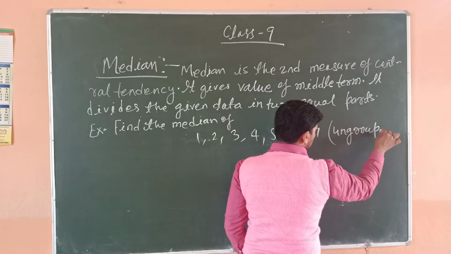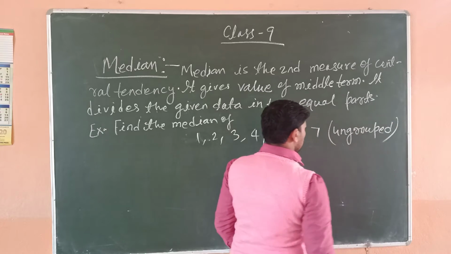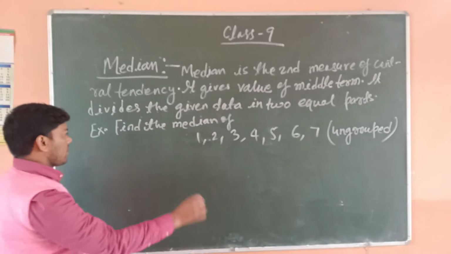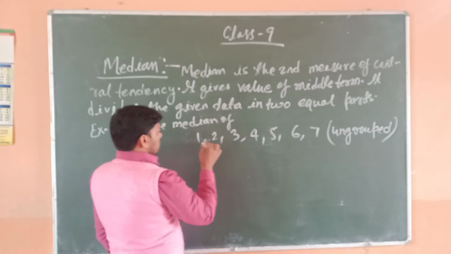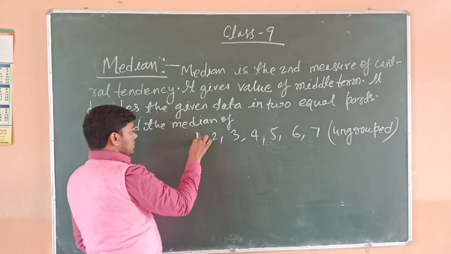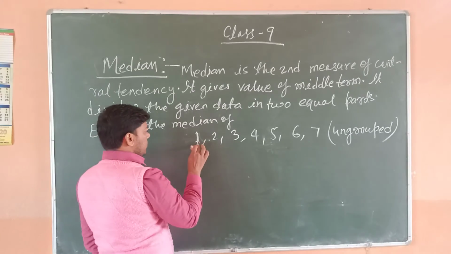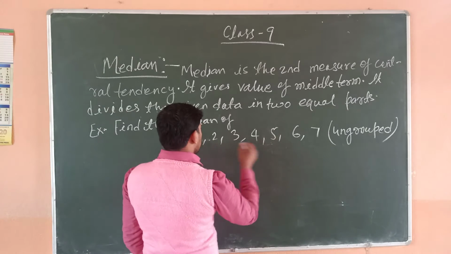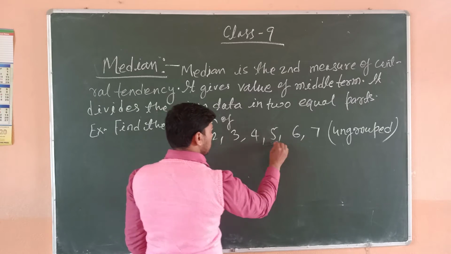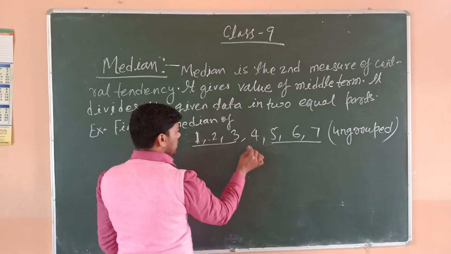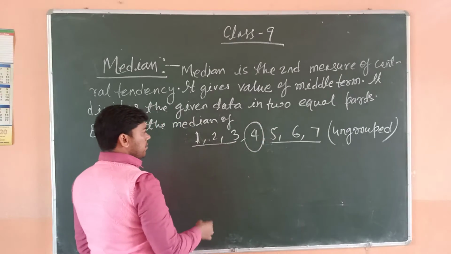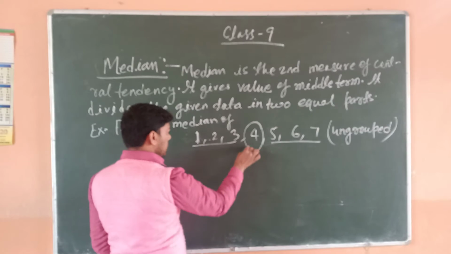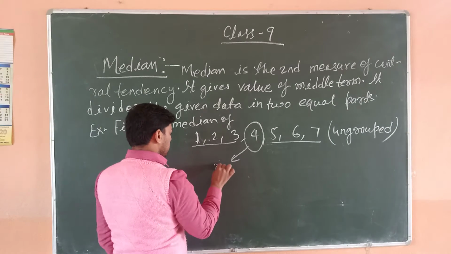Only ungrouped data you have to study. So in this data, see which term divides the given data into equal parts. There are 7 observations, 3 and 3. 4 divides the given data into equal parts. So 4 is the median.